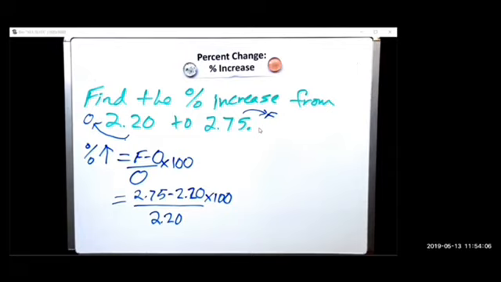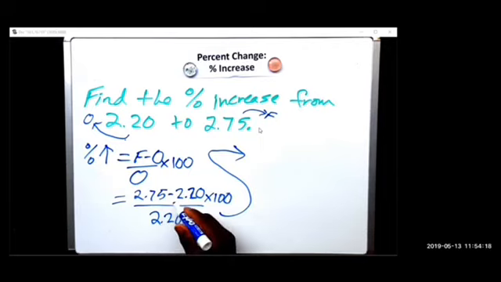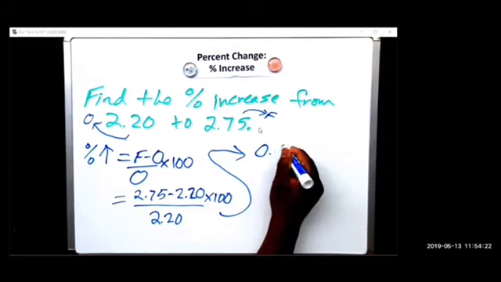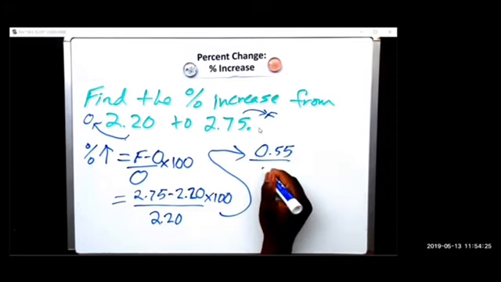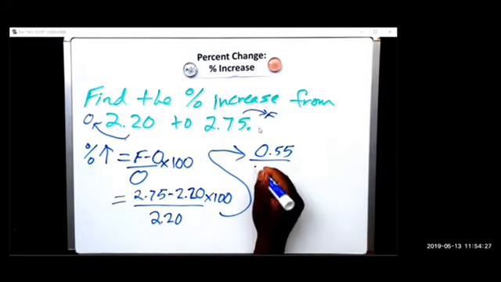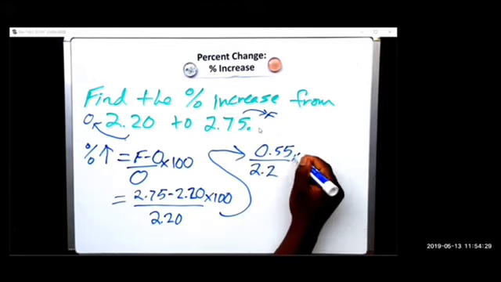So what do we do next? Well, we're going to take care of what's in the numerator first. So 2.75 minus 2.2 is going to give us 0.55 over 2.2 times 100.